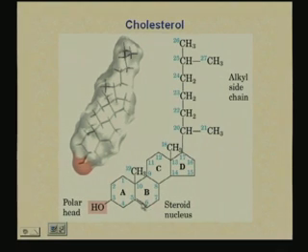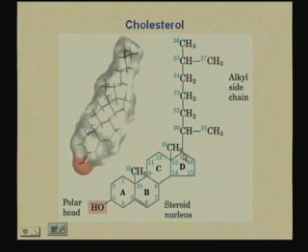So, it goes 5, 6, 7, 8, 9, 10. That forms rings A and B. The numbering then begins at ring C, where we have 11, 12, 13, 14, and at ring D now, 15, 16, 17.